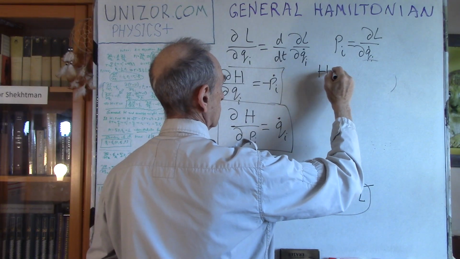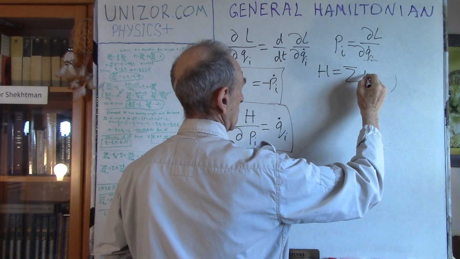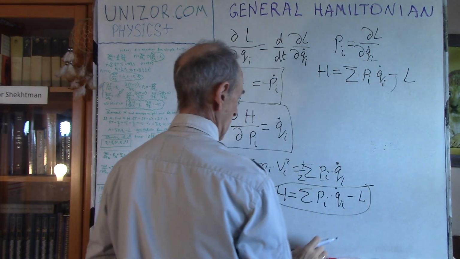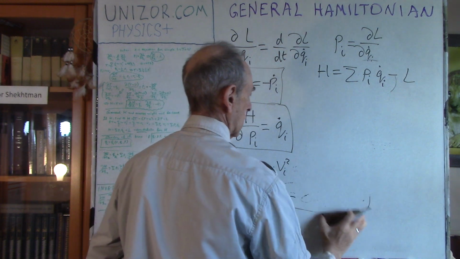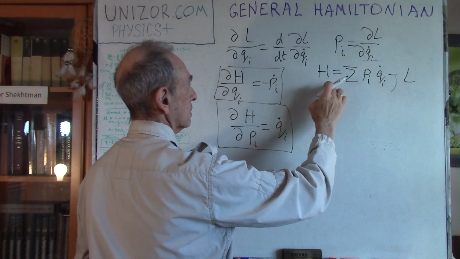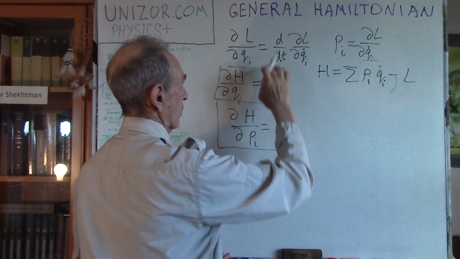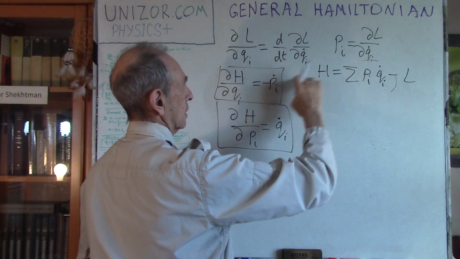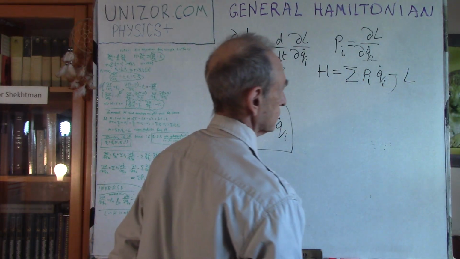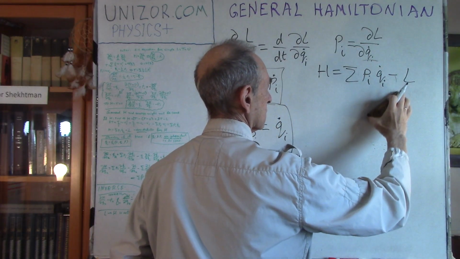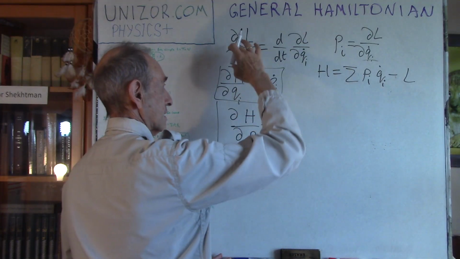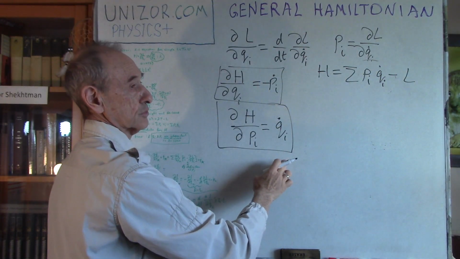H is equal to the sum of p_i q_i dot minus L. So with this formula, this is given, and this is all given. So Euler-Lagrange for the Lagrangian, the definition of momentum, and this quite abstract formula which I have just invented based on some consideration. Now, this is given, this I have to prove.